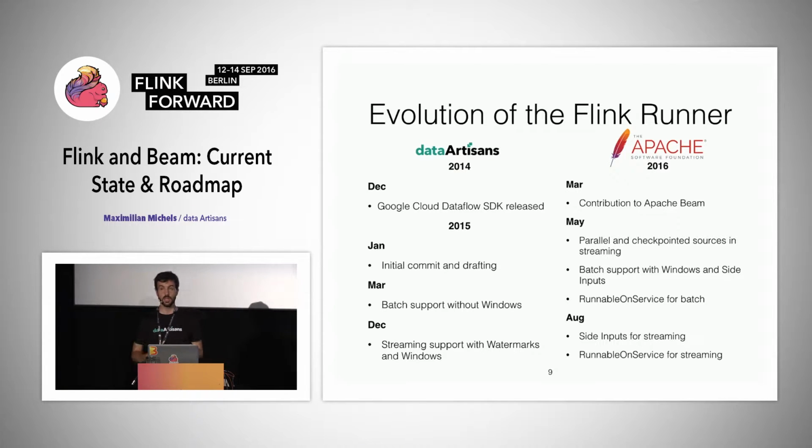So we did the initial commit in January 2015, and pretty much had a first version running in March. But that was really a toy runner, I would say, because it supported batch, but without windowing. So it was more like a MapReduce Hadoop version of the runner, which didn't really support the Dataflow model. Then in December, we implemented the first streaming support with watermarks and windows.